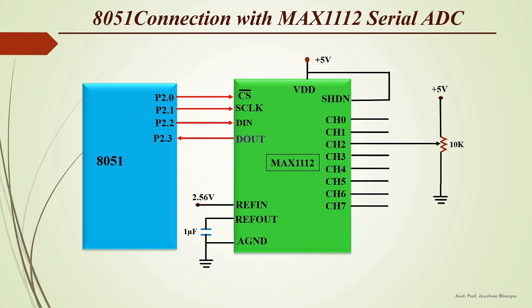In this range we can select any input voltage, and that will be converted into the equivalent digital output. Here COM, that is the reference for the single ended mode channels, is connected to ground, and this digital ground is also connected to ground. So this is the connection for the MAX 1112 serial ADC with the 8051.